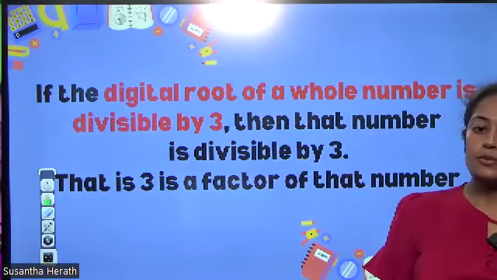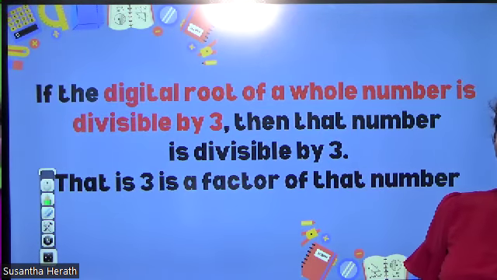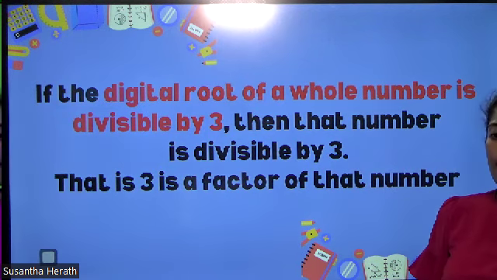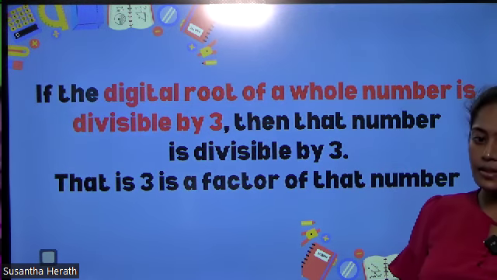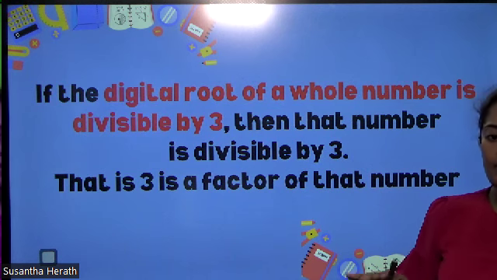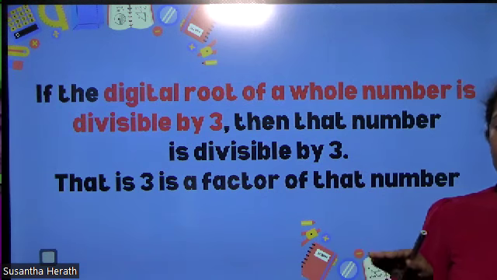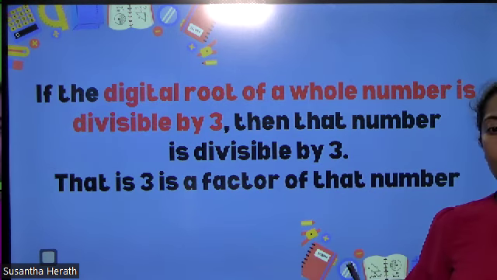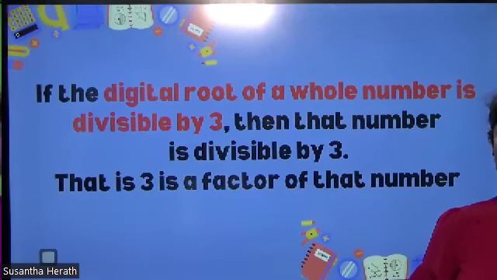If the digital root of a whole number is divisible by 3, then that number is divisible by 3. That means 3 is a factor of that number. So you have to remember this one also. Note this down.